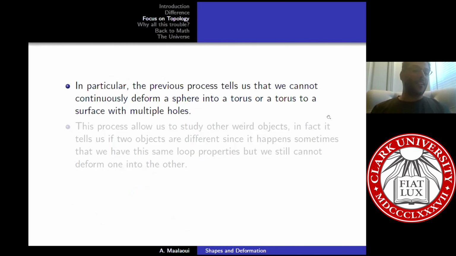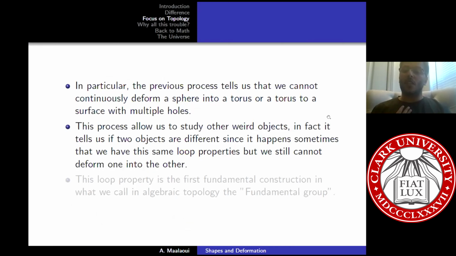Okay, so in particular, the previous process tells us that we cannot continuously deform the sphere into a torus, or a torus into a surface with multiple holes. Why? Because there are some loops there that do not have the same property as the loops in the different shape. So this process allows us to study other weird objects.